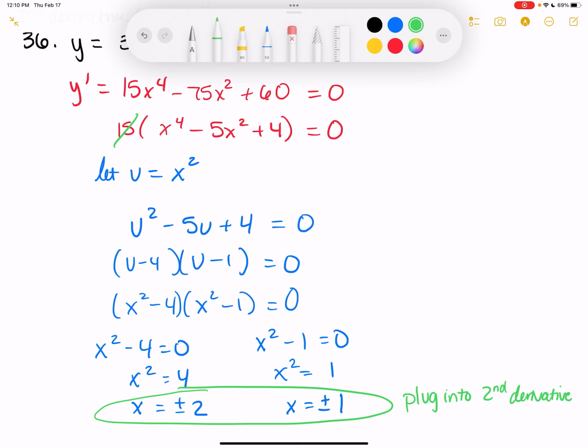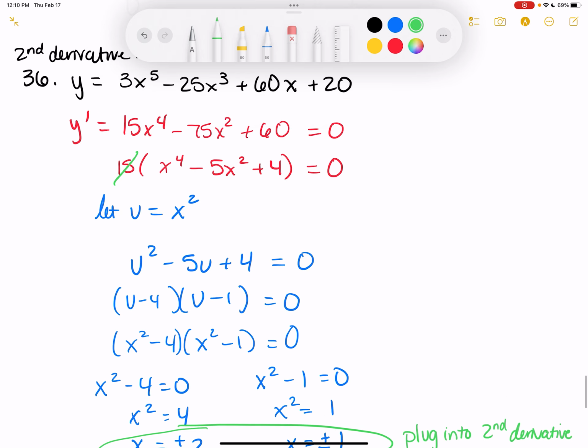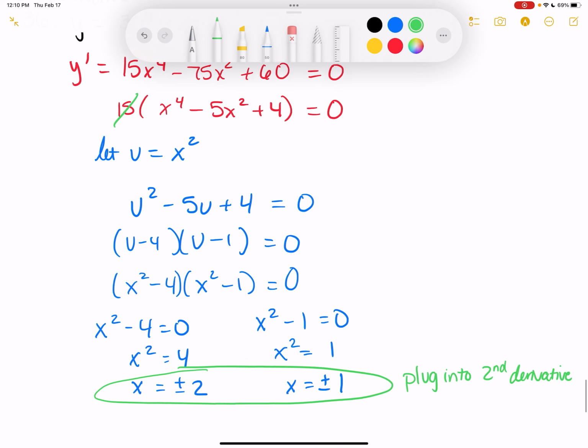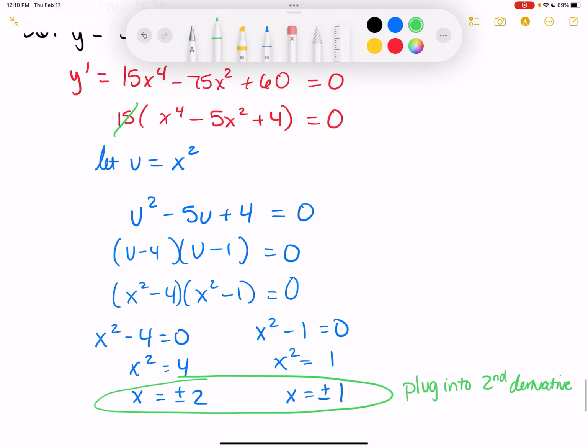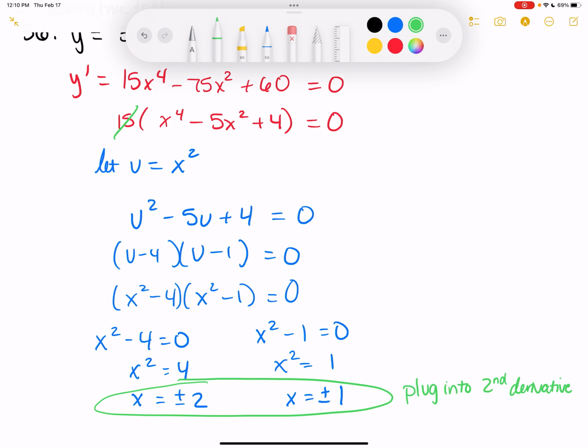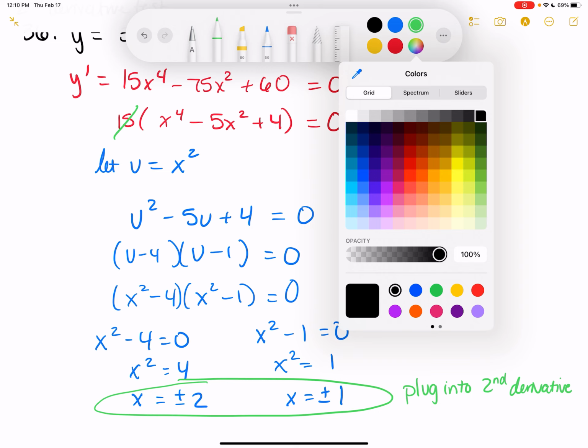And then if that value ends up being greater than 0, it's going to be a min. If it's less than 0, it's going to be a max. So I need the second derivative now of y. I'll try to leave that sitting there for a second. So let's see, find a different color. Purple.